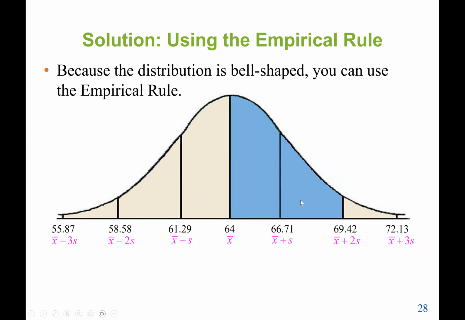Now to the right, we are going to add 1 standard deviation. So 64 plus 2.71 will give me 66.71. Then I will multiply 2 by 2.71 and add the answer to 64, and that will give me 69.42 because it's 2 standard deviations. The same thing, I will multiply 3 by the standard deviation: 3 times 2.71 plus the mean, which is 64, will give me 72.13.